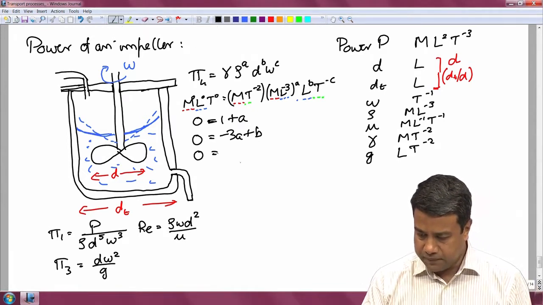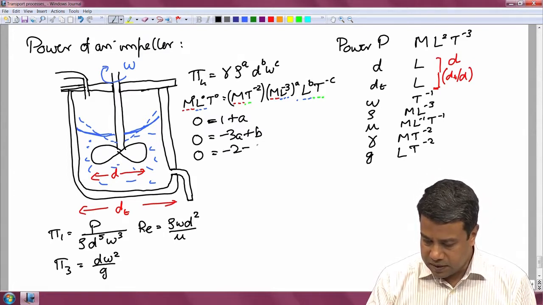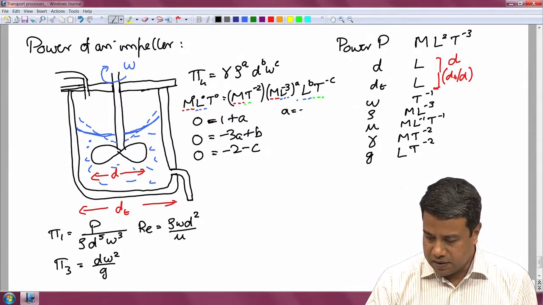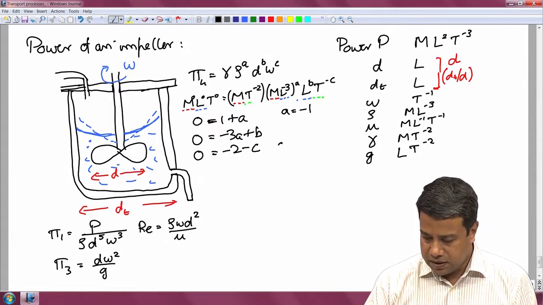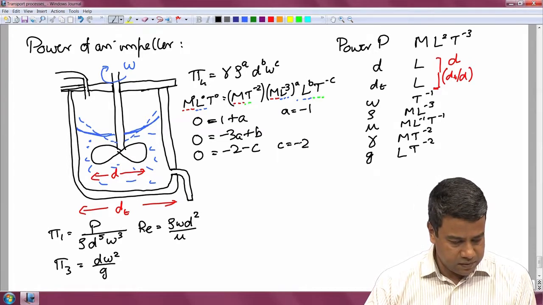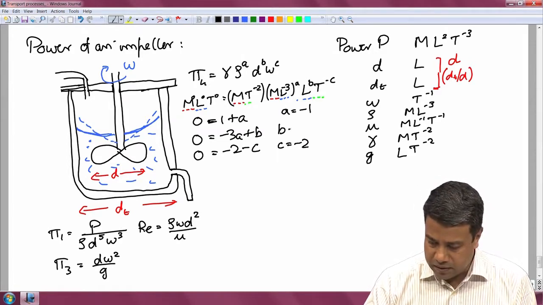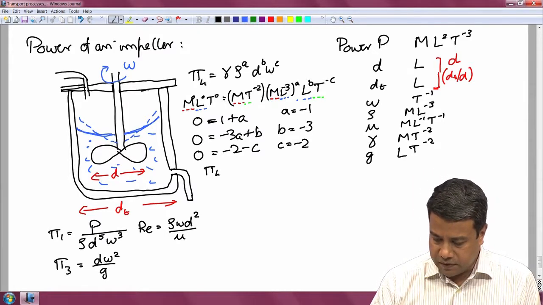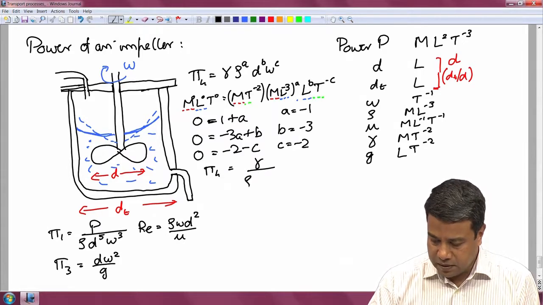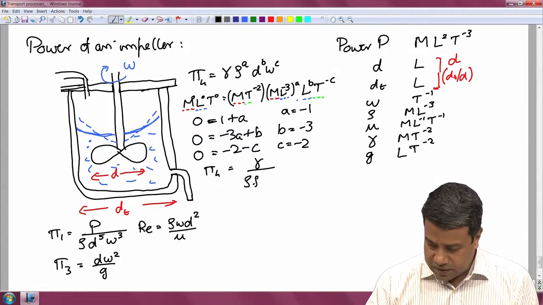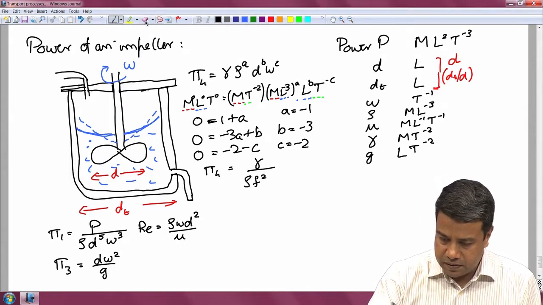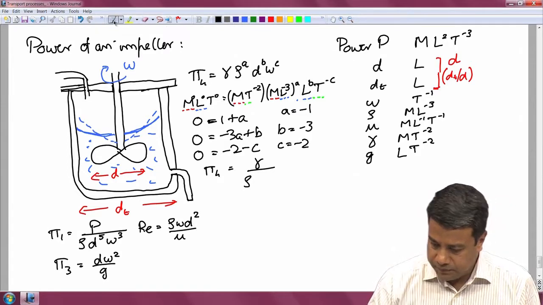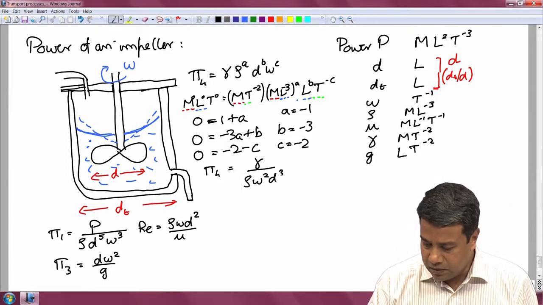zero is equal to minus 2 minus c. So, this straight away gives me a is equal to minus 1, c is equal to minus 2, and b is equal to minus 3. Therefore, the dimensionless group will be equal to gamma by rho omega square d cubed.